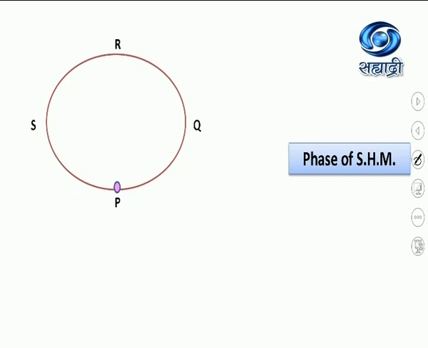Let the circle be PQRS, which is called a reference circle. Let the particle P perform motion in the anticlockwise direction represented by the respective arrows. Let O be the center of the circular path. Let RP be the vertical diameter and SQ be the horizontal diameter. So here the SQ diameter is considered as the reference diameter.